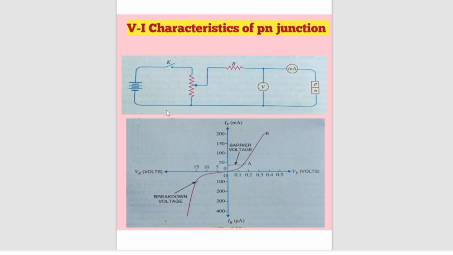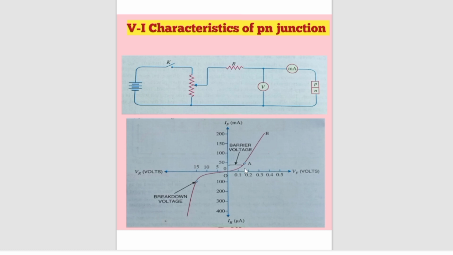At some forward voltage, that is 0.7 volt for silicon and 0.3 volt for germanium, the potential barrier is altogether eliminated and current starts flowing in the circuit. From now onwards, the current increases with the increase in forward voltage. Thus, a rising curve OB is obtained with forward bias.